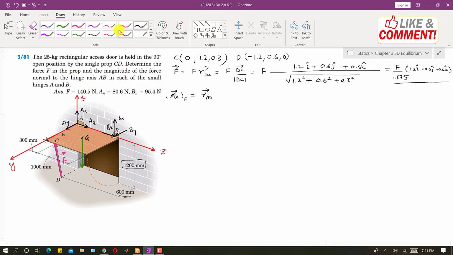If I draw that moment arm, this is RAD, right? And we will take the cross product of RAD with this force vector, right?